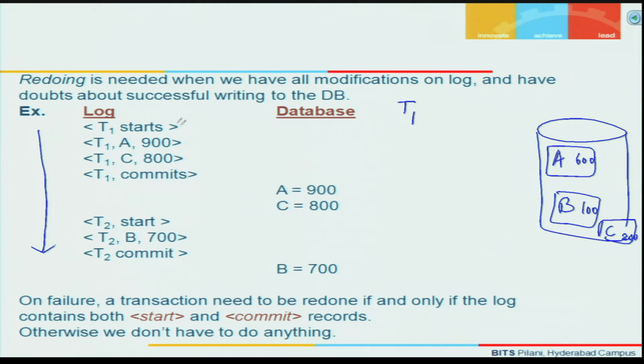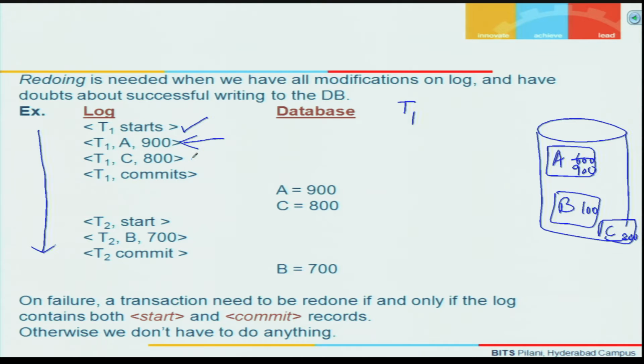First T1 starts. When T1 starts, immediately a record indicating the start of the transaction T1 is inserted into the log. Then T1 modifies the data item A to 900. Because it is deferred modification, I don't require the old value. Now 600 becomes 900. Immediately the corresponding record will be inserted into the log.